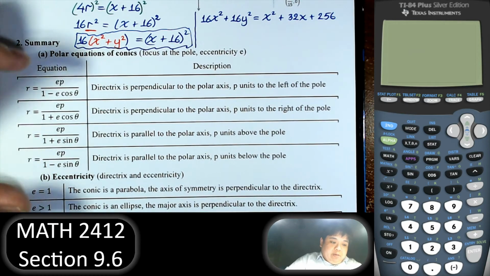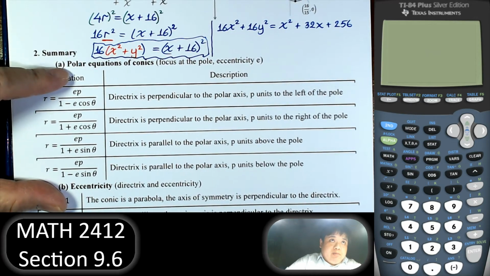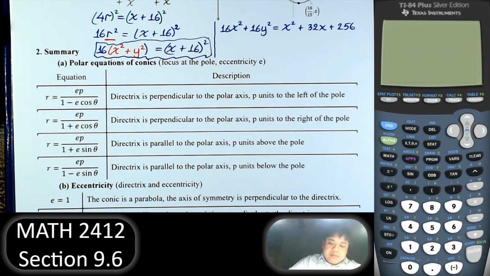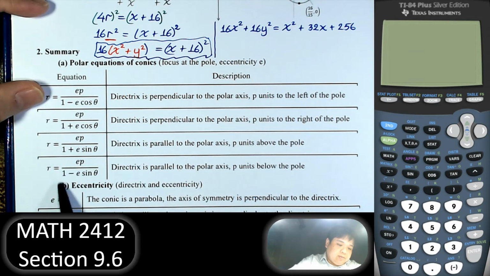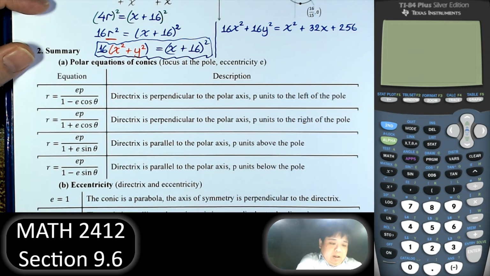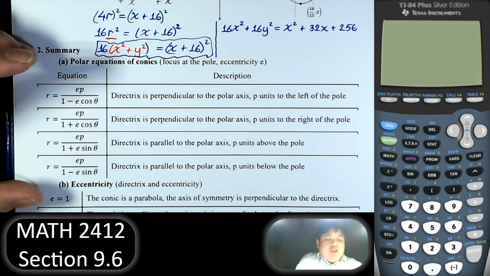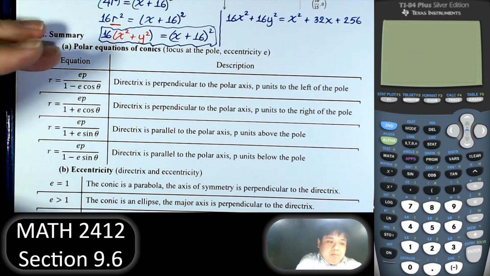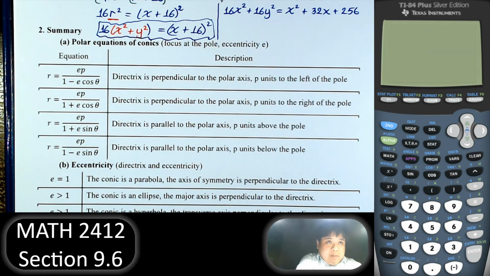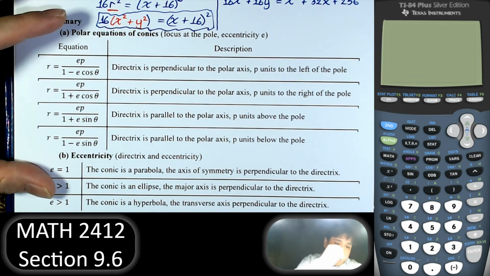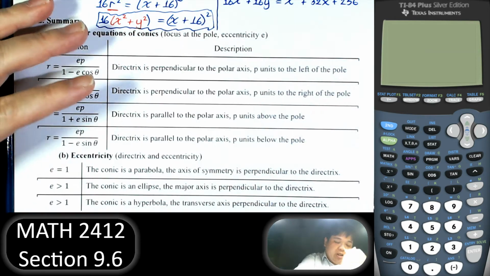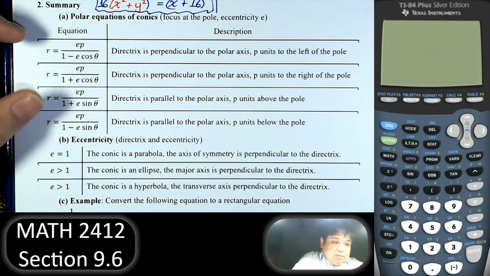And then finally, the summary of the polar equation of conics. We don't have much exercise in this. It has a lot of application, yes, but usually when we do the problem, we just have to look at the form and then we determine the equation.